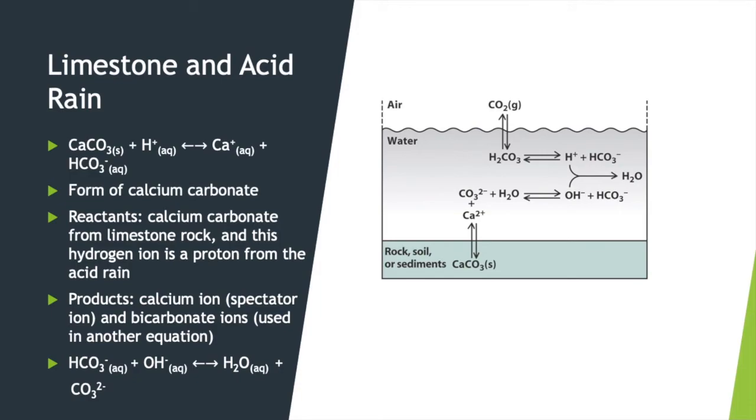There is a diagram that shows the process of the reaction on the right. So we can see the calcium carbonate reacts with hydrogen ion from the acid rain and produces calcium ion and bicarbonate ions. Then bicarbonate from the first equation reacts with hydrogen and produces carbonic acid.